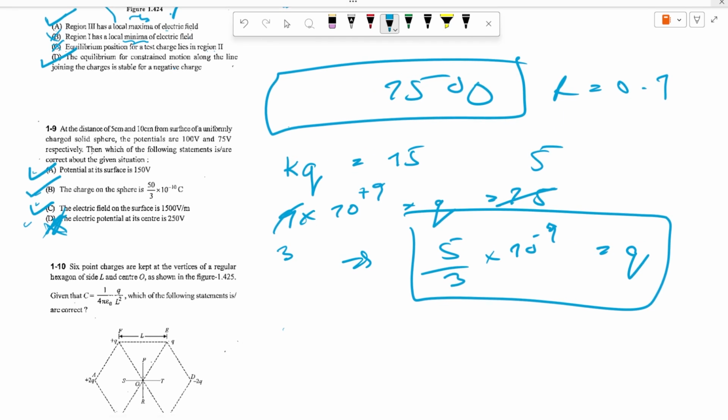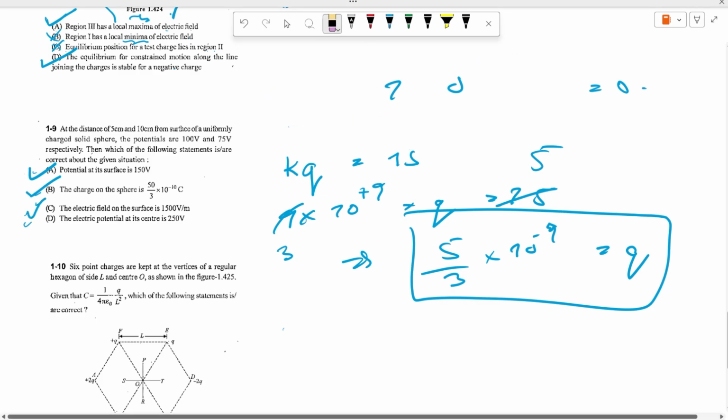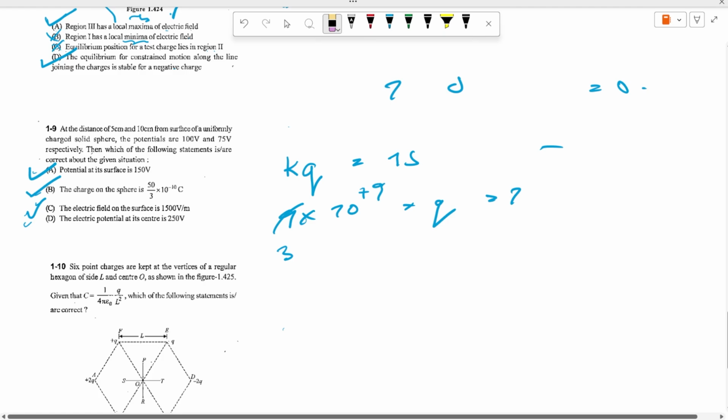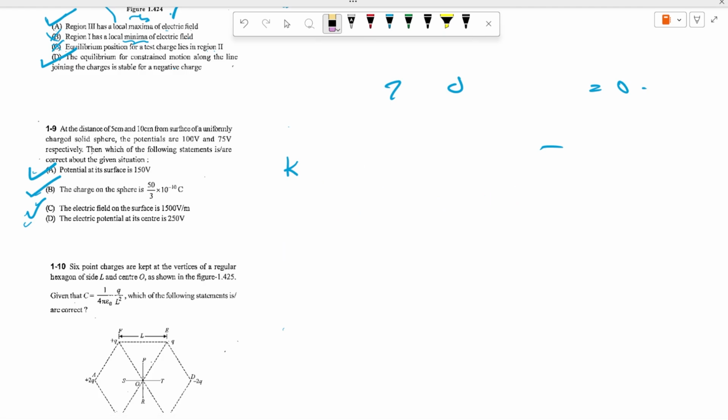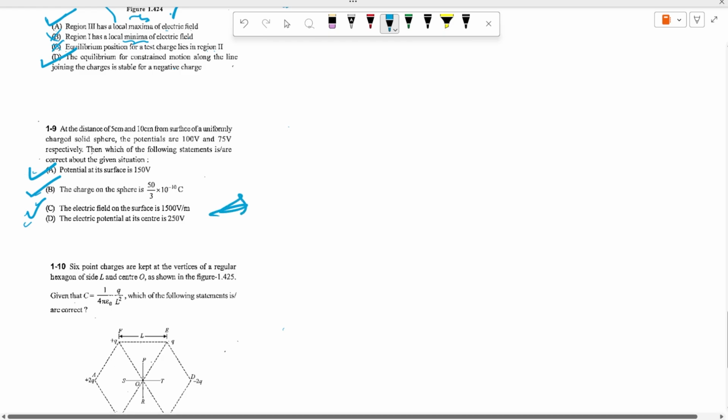Okay, wait. It was not a metallic sphere. So we have to check for its potential due to uniform distribution. Well, what would that be like? We had already memorized the result for a solid sphere which is not metal.